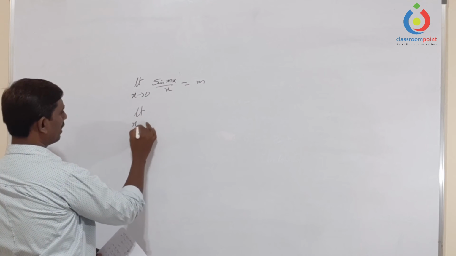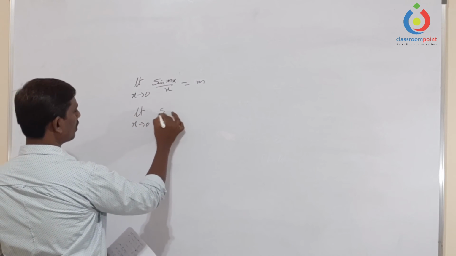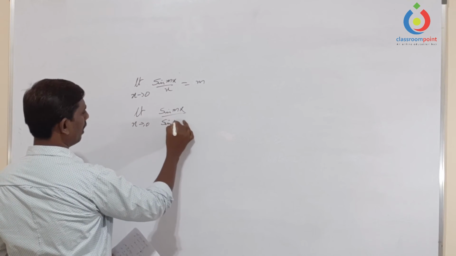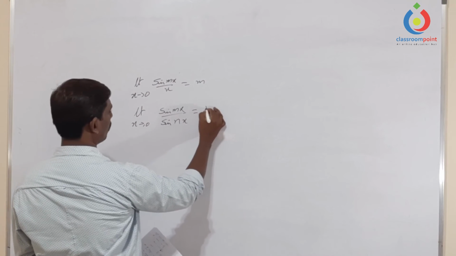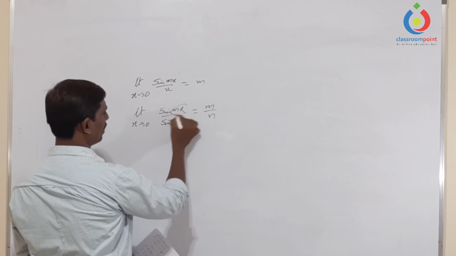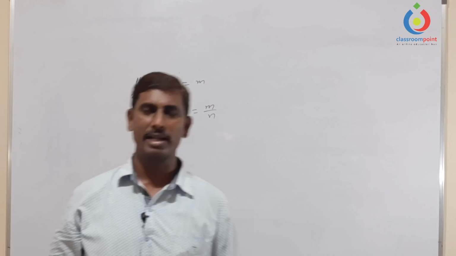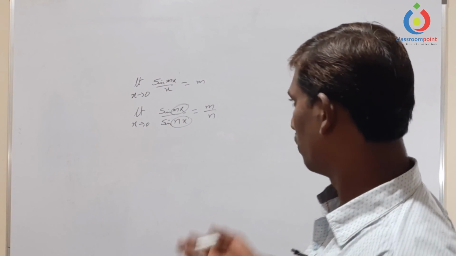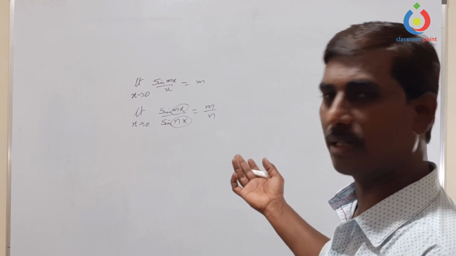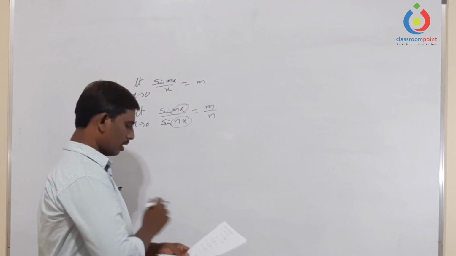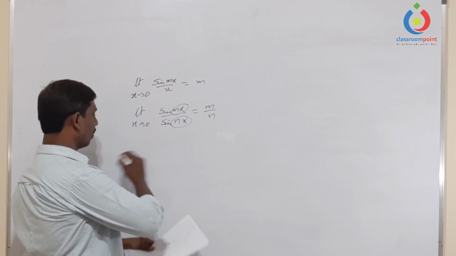Limit x tends to 0 of sin mx by sin nx is also m by n. You can take these as formulas, or you can get them after simplification. That is also one of the points.